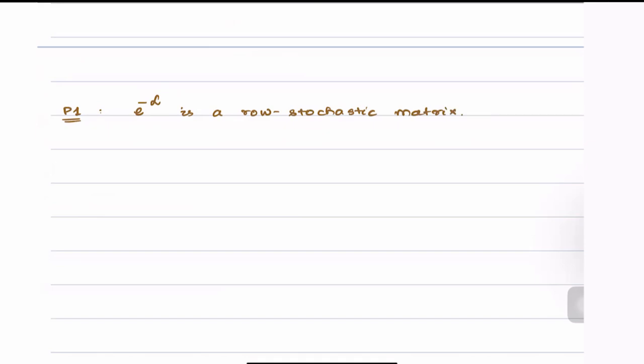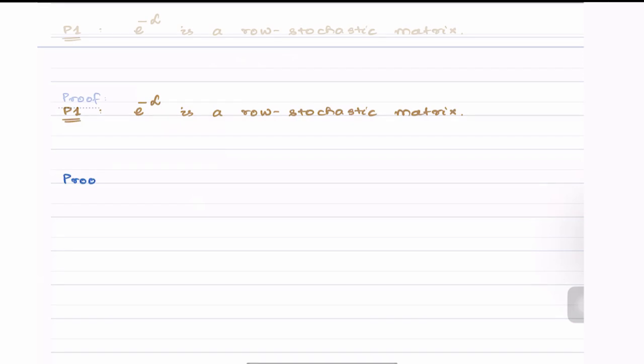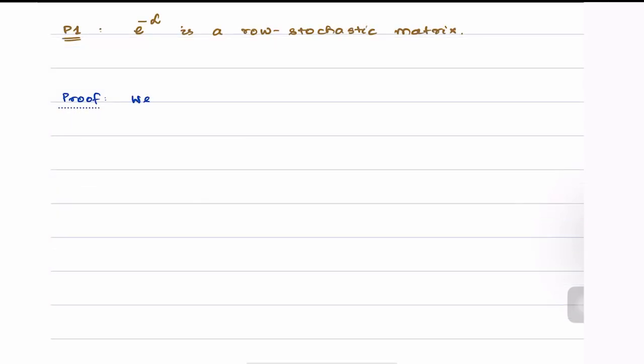Again, what is a row stochastic matrix? We know that a matrix is row stochastic if all of its entries are non-negative. Additionally, all of its row sums add up to 1. So let's start with a quick proof. We already know that L times 1n is equal to 0n.